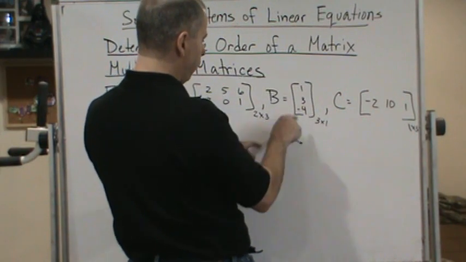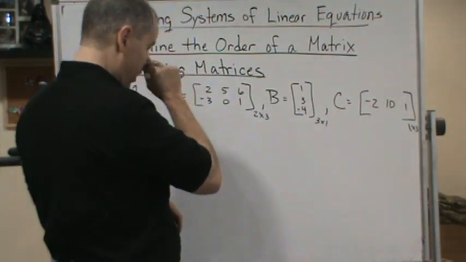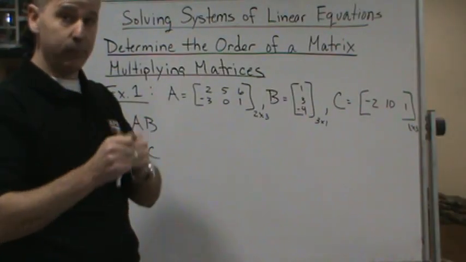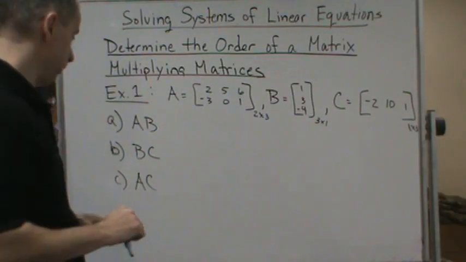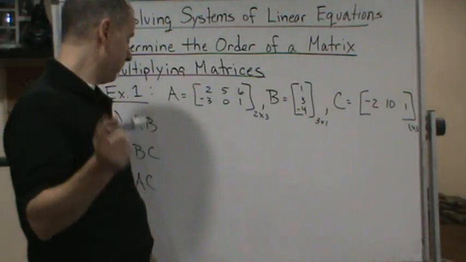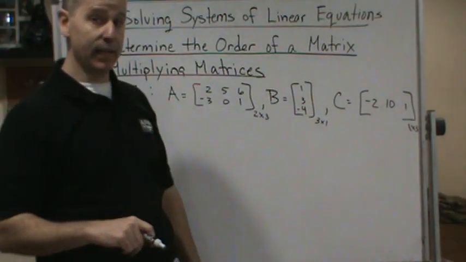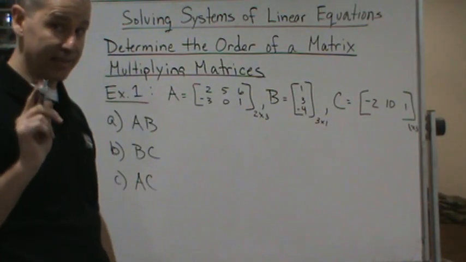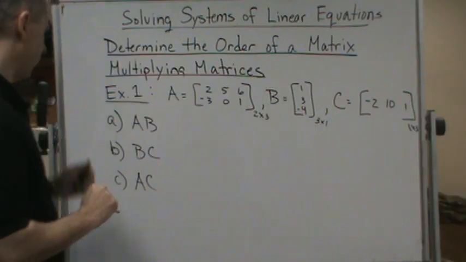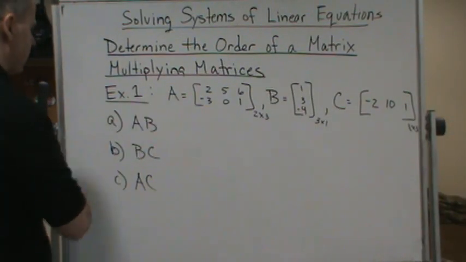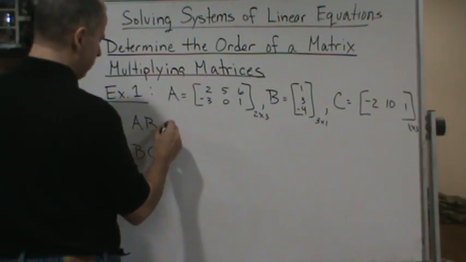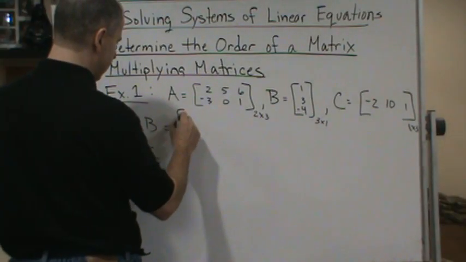But if we switch them, we won't, because the order of how we multiply them does matter. So A times B is not the same as B times A, not necessarily, okay? But anyway, let's do this. So A times B, let's write this out.